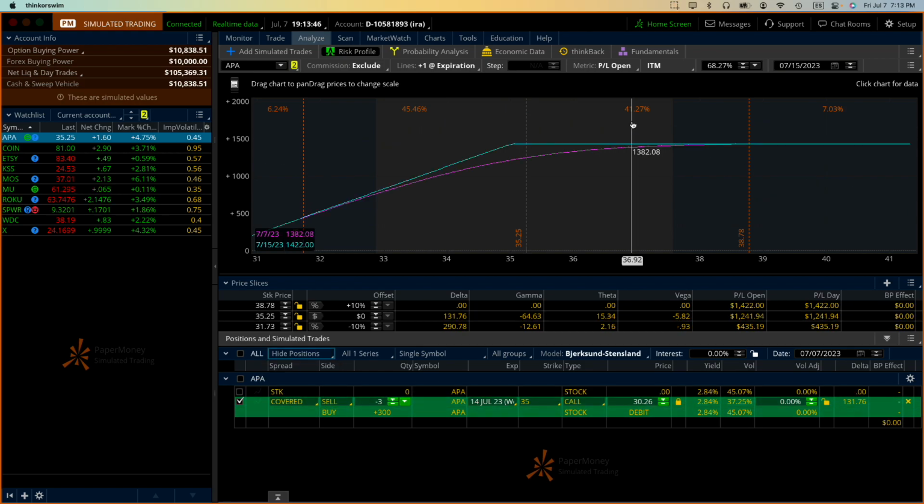Here we are at a week to expiration, sitting very close to my break-even point, to my maximum profit here, to my strike price of 35. So that looks excellent.